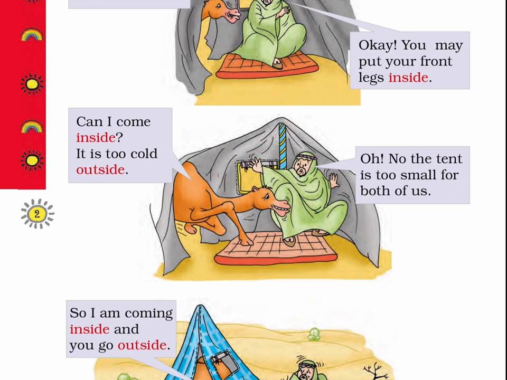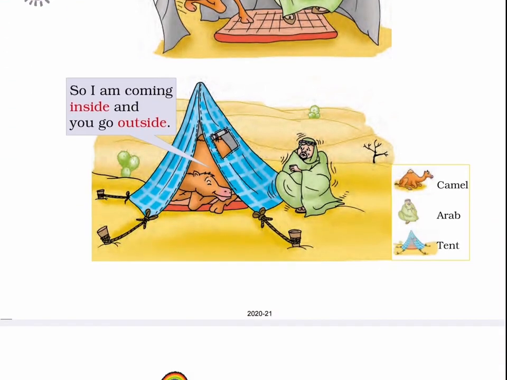Arab replies, Oh no, the tent is too small for the both of us. In picture 3, the camel is sleeping inside the tent and Arab is sitting outside the tent. The speech bubble shows the camel speaking, So, I am coming inside and you go outside.